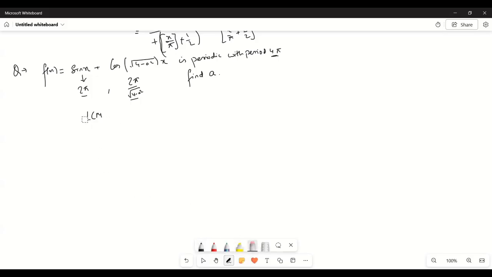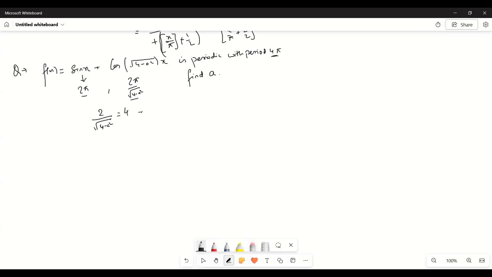LCM तो 4 pi तब होगा ना when 2 by root over of 4 minus a square is 4. ये वाला पार्ट 4 होगा तब जाके we'll have a 2 pi, we'll have a 4 pi and 2 pi and 4 pi का LCM will be 4 pi.